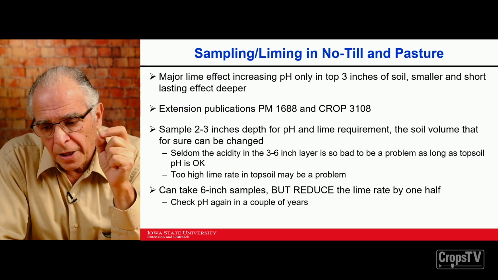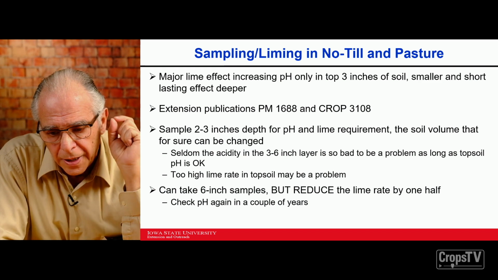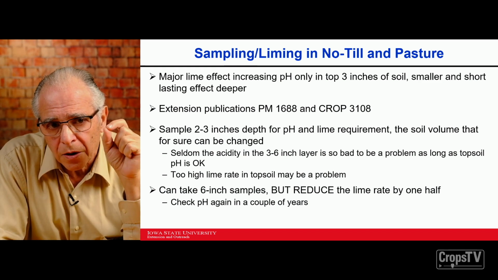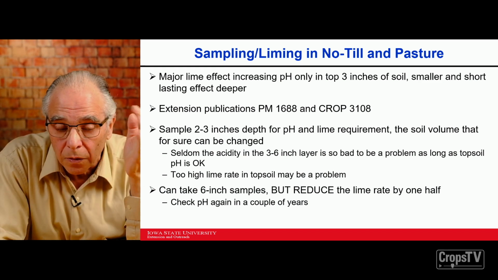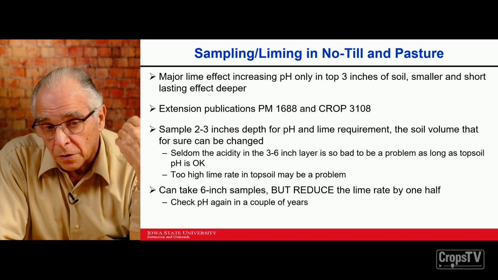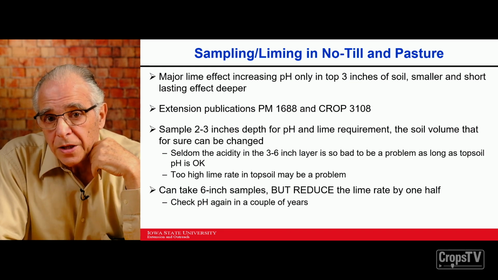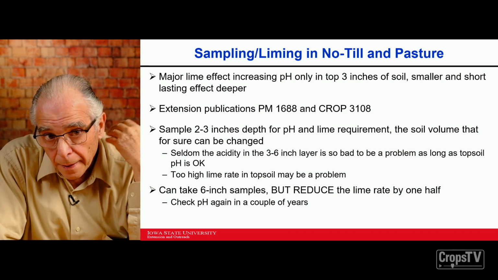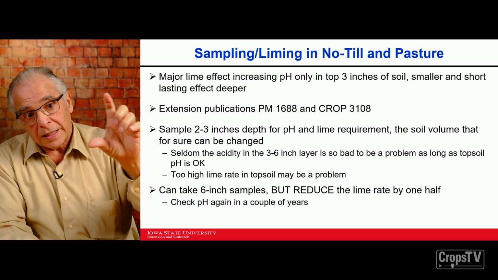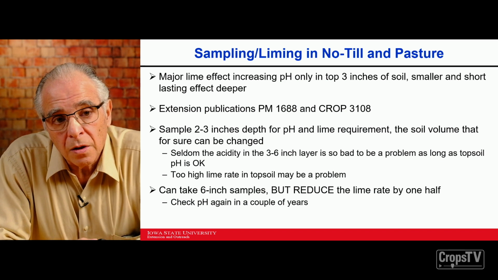There is no clear communication sometimes between the person who takes the samples, the farmer, the lab, and whoever makes the recommendation. So you need to be careful, because if you sample 6 inches from no-till or pasture, and then use the recommendation to increase pH to 6 or 6.5 to that depth, then you're applying double the lime needed, and of course, it will not pay.